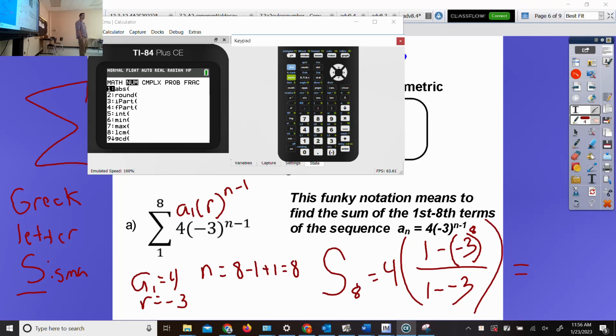You've got 4 parentheses in your math num. Press that up arrow. You'll see you're highlighting N over D. That's numerator over denominator. That's a fraction key.